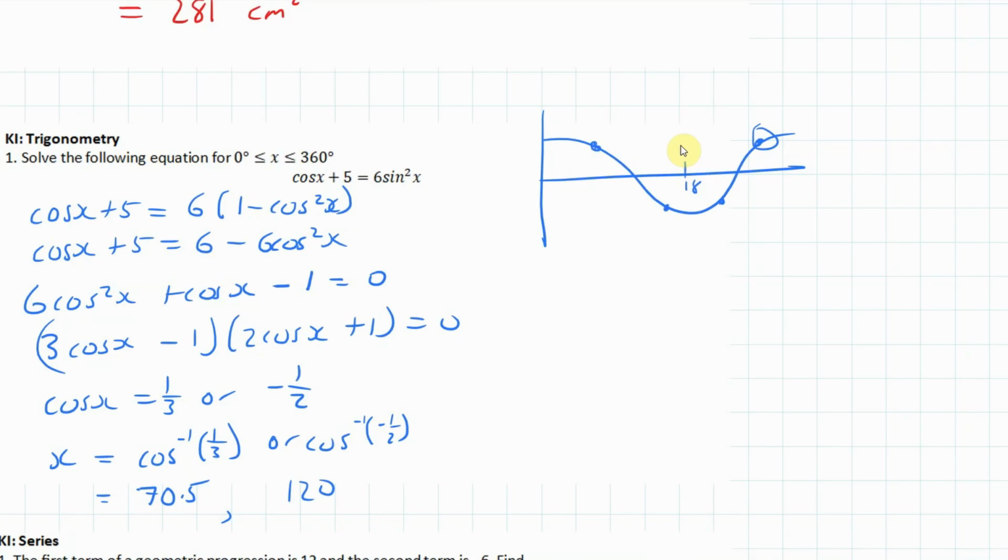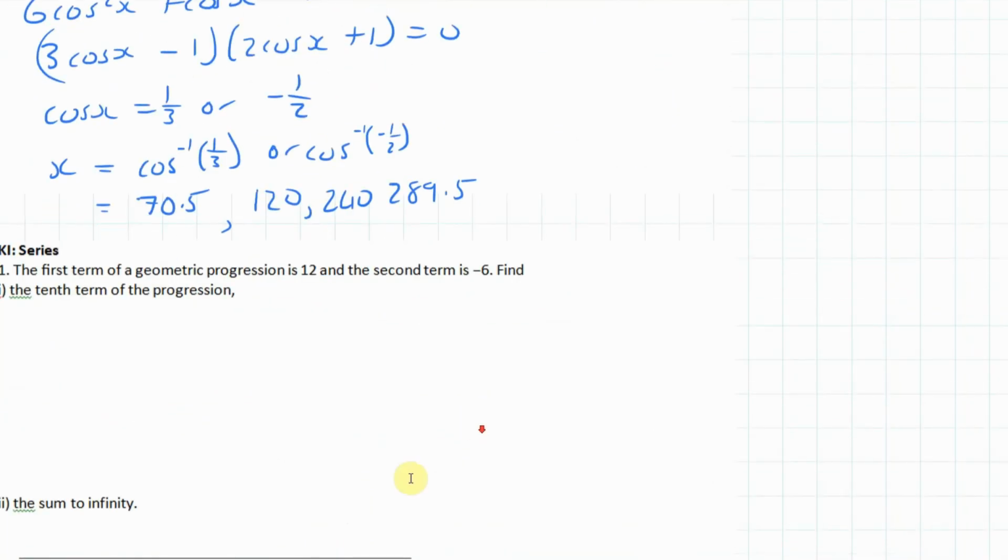So it should be 289.5. And to get this one, you see that this is 120, so it's 60 away from 180, so we need 60 away from 180 this way. So it should be 240. Okay, lovely. Moving on.